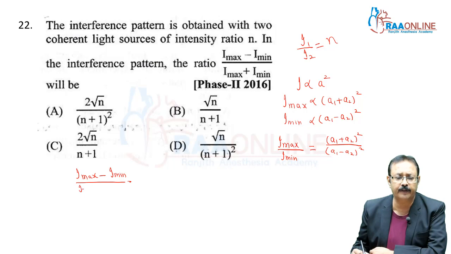What you are doing on the left hand side, do the same with the right hand side. We are taking the difference of numerator and denominator, so on this side we will do that. For the denominator we are taking the sum, so we will take it here also.